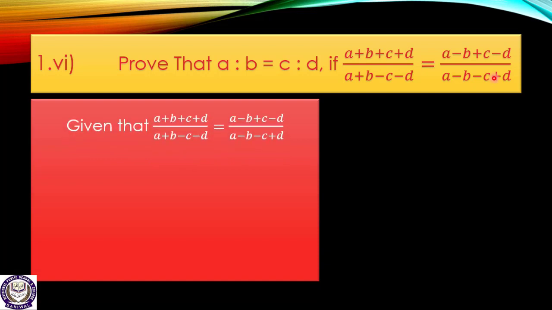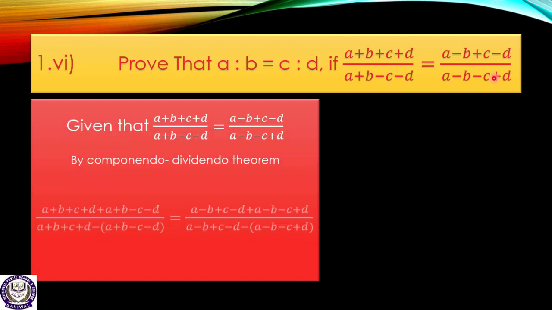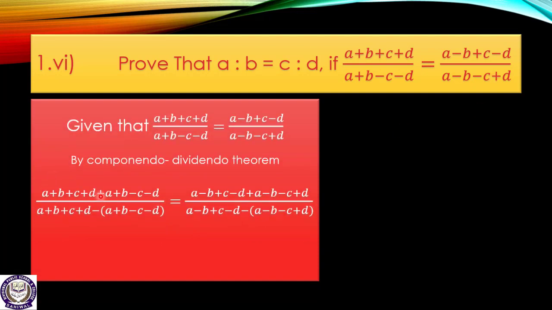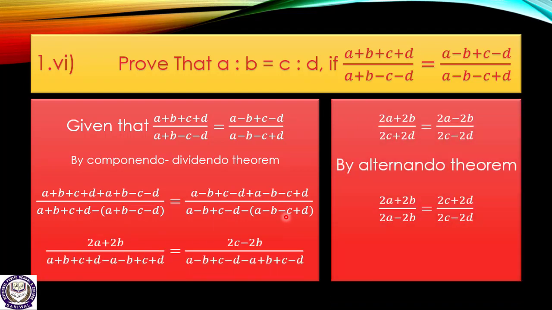By applying componendo-dividendo theorem, we get first term plus second term over first term minus second term, third term plus fourth term over third term minus fourth term. After simplification, we get (2a + 2b)/(2c + 2d), which is equal to (2a - 2b)/(2c - 2d).